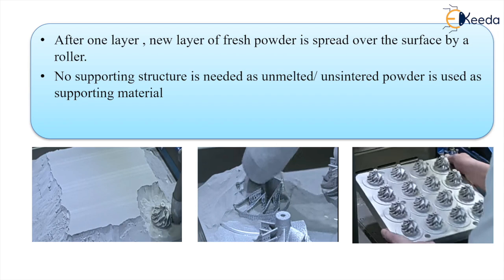These are parts made by this powder bed fusion or sintering process, and the person is cleaning the unsolidified or loose powder from the part that is made. And here see the entire bed, no supporting structure at this base, only this unmelted or unsintered powder is acting as the support material for this process, isn't it?